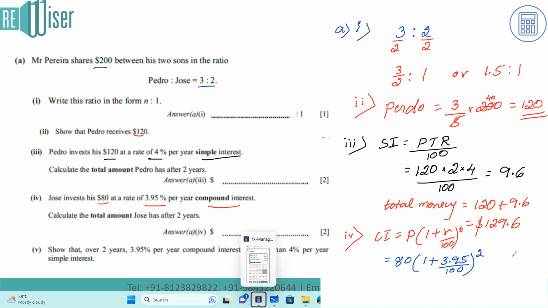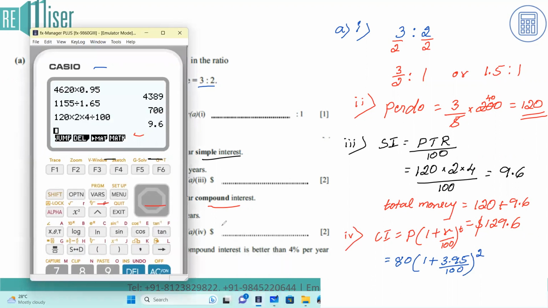So this is something that we need to put in the calculator and check what we will be getting. So this one has to be 80. So this will give us the total money that he will be having after 2 years. It is not just going to be the interest. So it has to be 1 plus 3.95 divided by 100 to the power of 2.